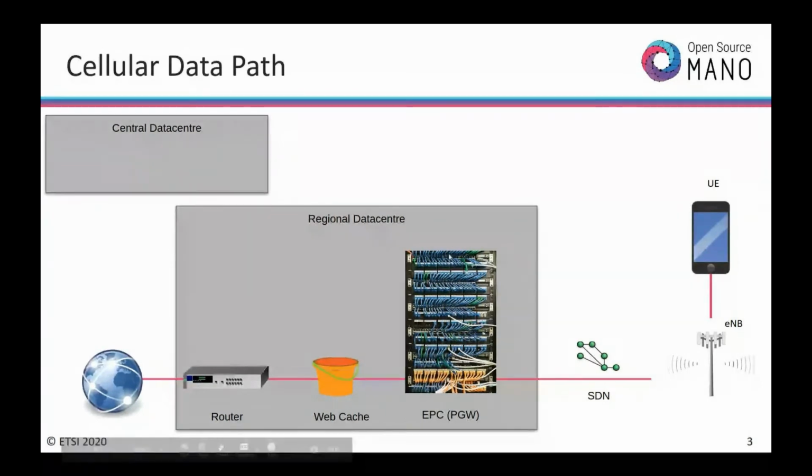So it goes through there. We're going to have a web cache and a router, and then it goes out to the internet. There's a fair amount of components in between that allow your cellular data to travel through.